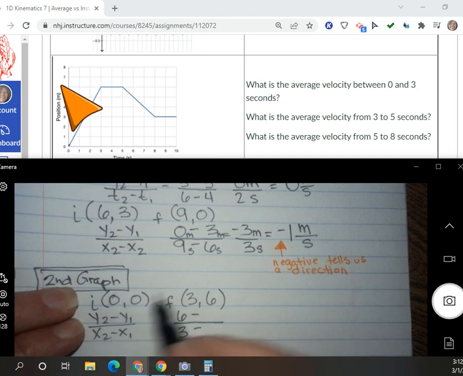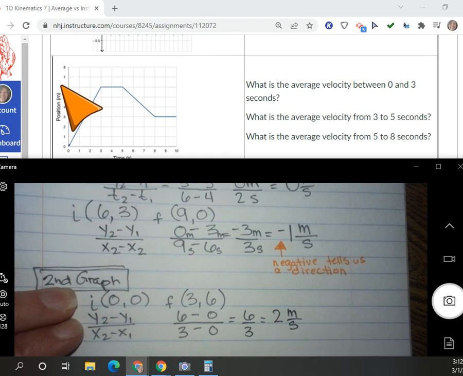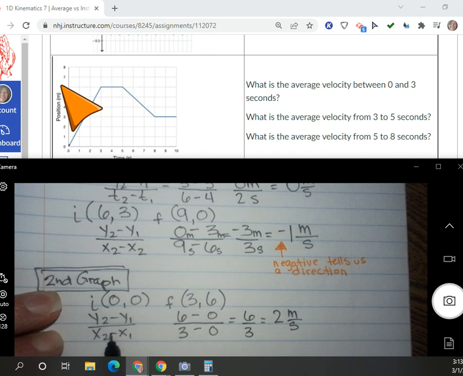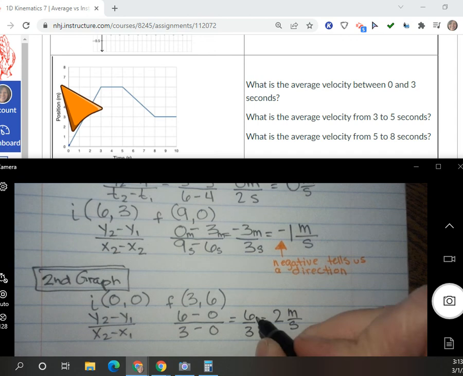Then you write both of your 1's. So we get 6 over 3 equals 2 meters per second. So we had rise over run, or change in position over change in time, which gets us 2 meters per second.